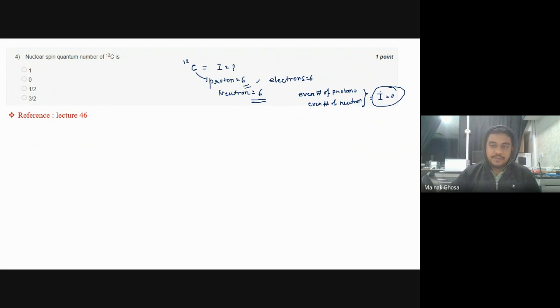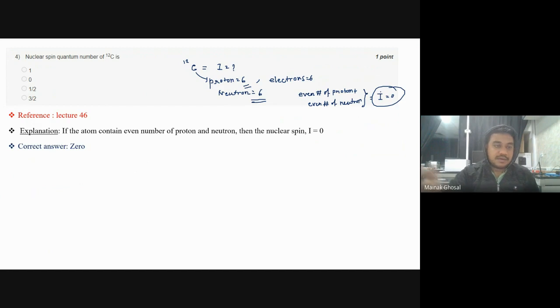Suppose 16O, it will have 8 protons, 8 electrons, 8 neutrons. In this case also it has an even number of protons and neutrons, so I equals 0. Similar case here, 6 protons, 6 neutrons, so it will give I equal to 0. So the answer is 0.